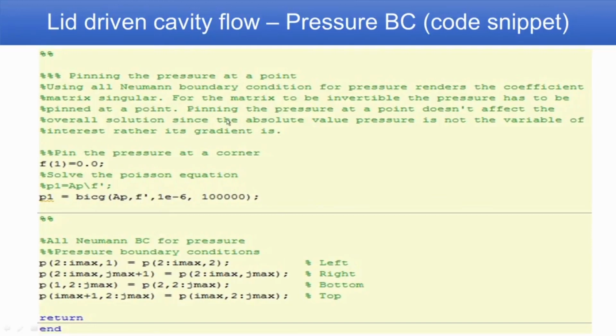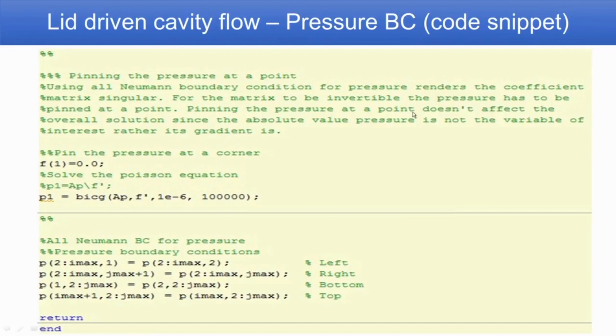We are actually interested in the problem only in the pressure difference, not the actual pressure itself. So, we say at any one point pressure is made 0 and all other pressures are referred with respect to that point, and this process is called pinning the pressure.